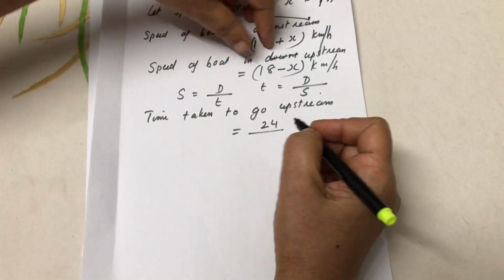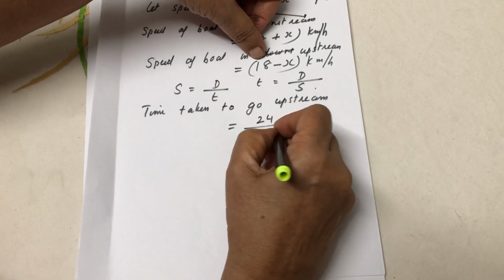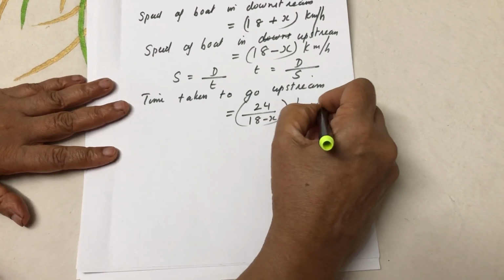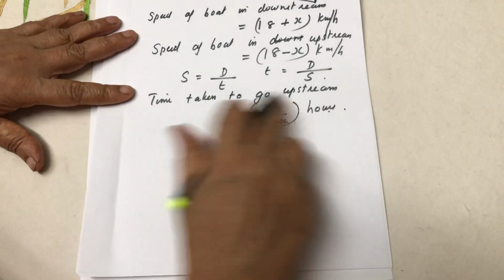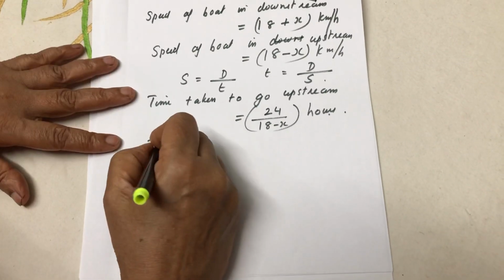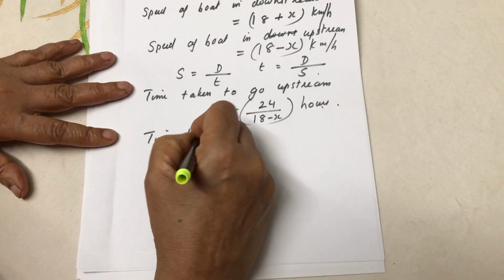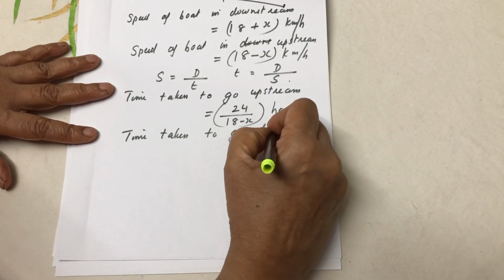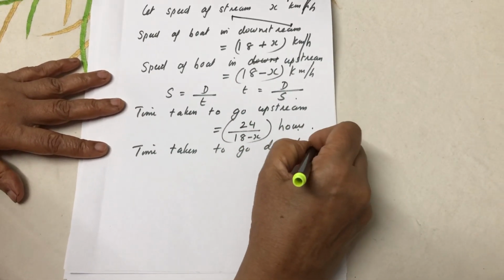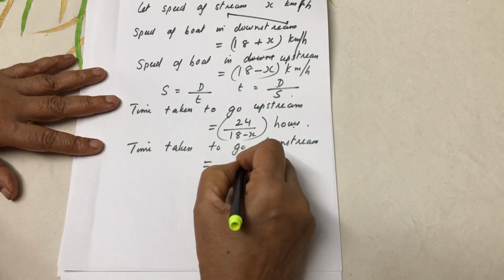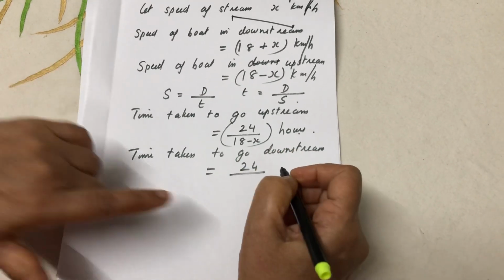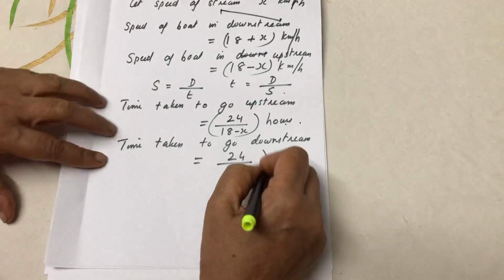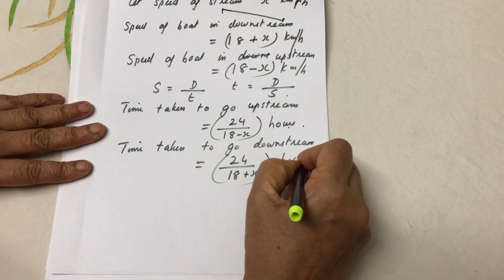Speed in upstream is 18 minus x, so this much is the time taken to go upstream. Then the time taken to go downstream is 24 by 18 plus x, the speed in downstream, so that many hours.